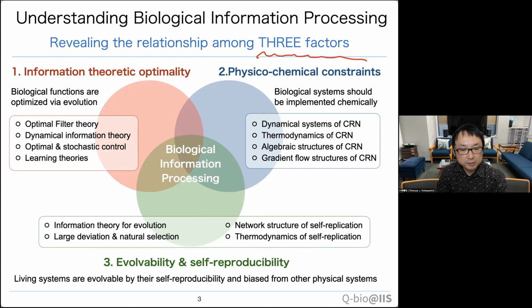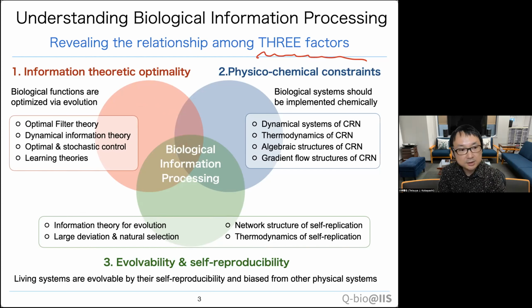But of course, in order to answer the question of whether a given biological system is actually efficient or not, we have to compare its behavior with something optimal. So we need an optimization theory to predict or derive what is the achievable optimum for a system under a certain setting.